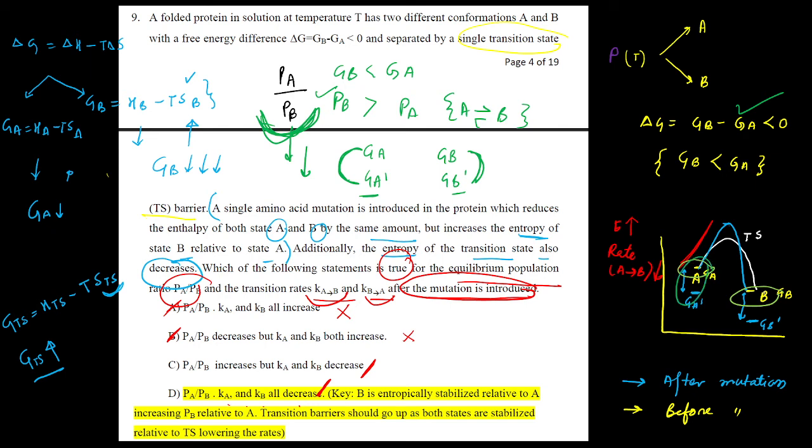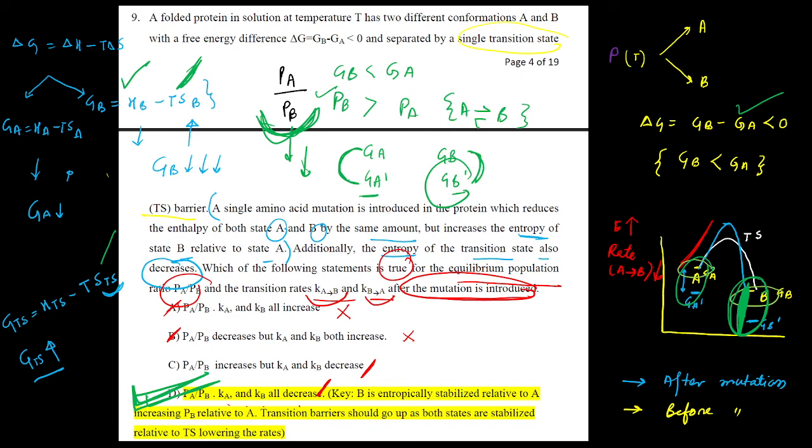This decrease is more, because there is an increase in the entropy of B and a decrease in enthalpy, which are two favorable processes, which have lowered the Gibbs free energy of B to a certain greater level. So this decrease is actually more, which says that after mutation, the population of B will definitely increase. It will definitely jump. So we can say Pa by Pb will decrease after mutation, which goes with point D.